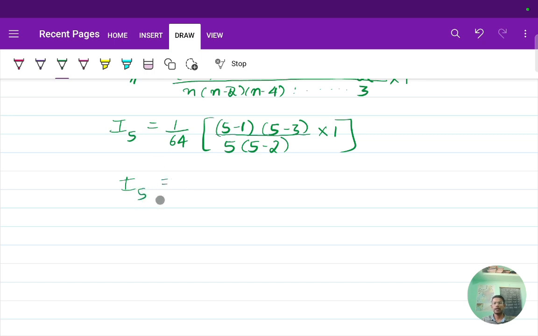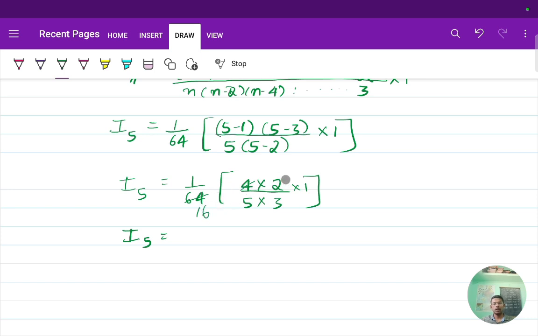Let us simplify further. That is, I5 is equal to 1 by 64 into, what is 5 minus 1? 5 minus 1 is 4, into 5 minus 3 is 2, divided by 5 into 5 minus 2 is 3, into 1. Then I5 is equal to, 4 ones are 4, 16 fours are 64.